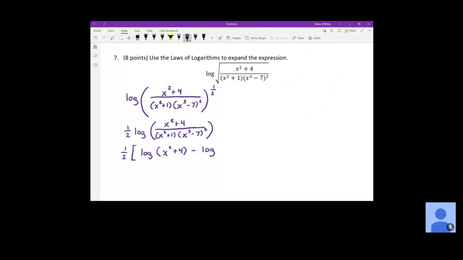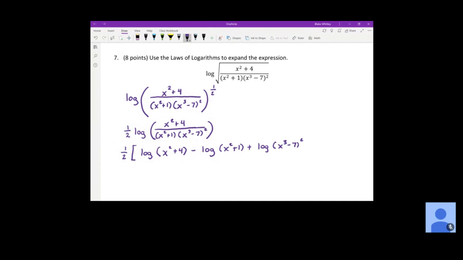Right, so we can do the x squared plus 1. Now, if you want to, we can go ahead and split up the multiplication. Just make sure we insert another logarithm when we do that. So it's going to be plus log of x cubed minus 7 squared.